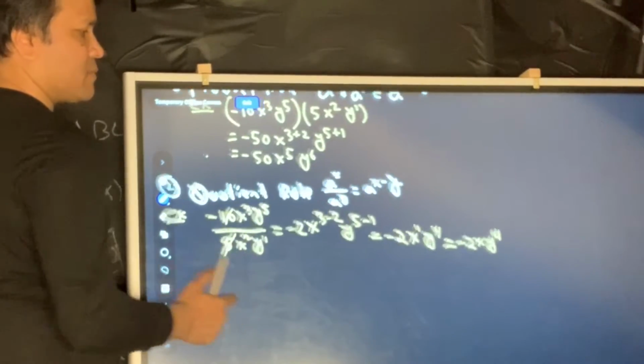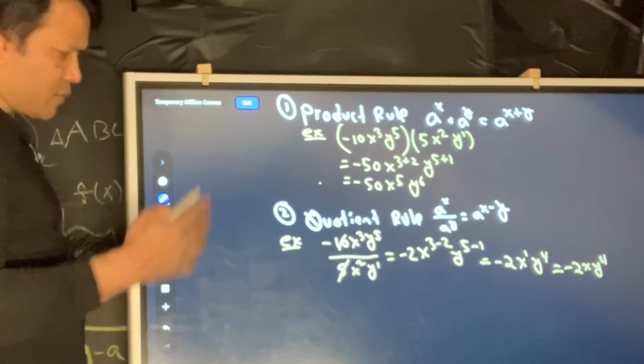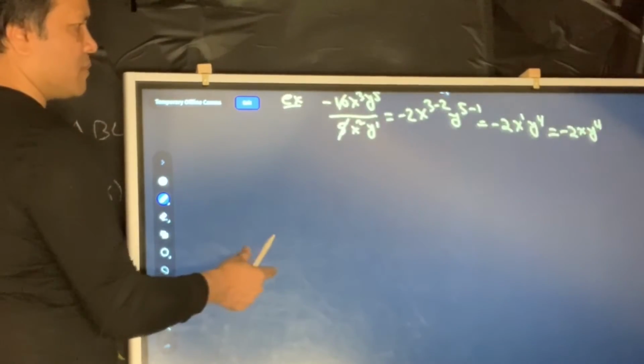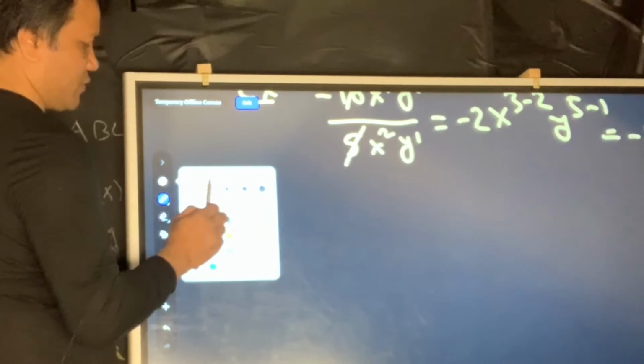So far we finished with the product rule and the quotient rule. Now we're going to do the power rule, number 3.